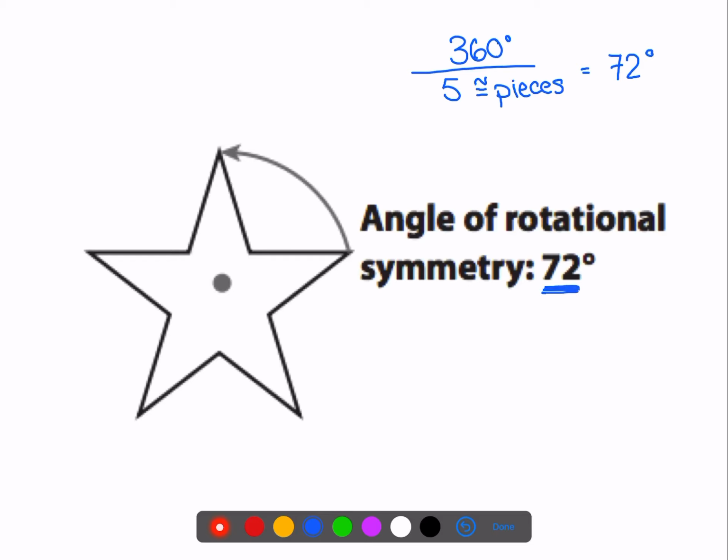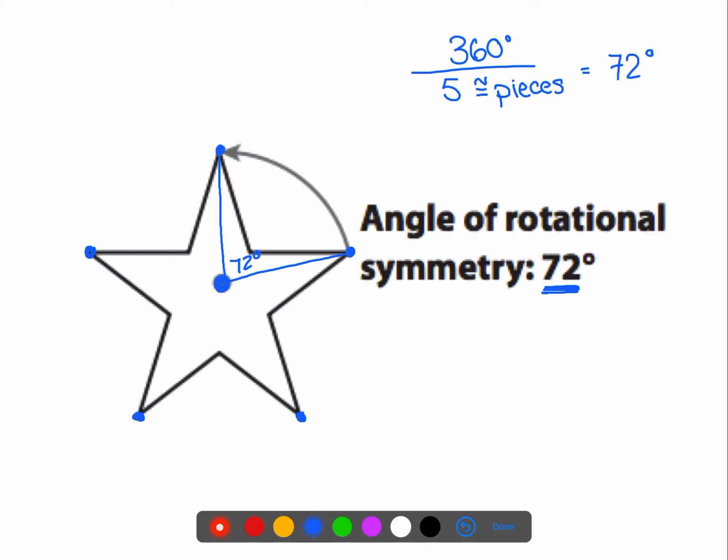In fact, just to make it a little bit more clear, if I were to draw points on each of these tips here, each of the tips of the triangle, and I were to connect those points with the center of the star, so my center of rotation, well, we'd see that this blue angle is 72 degrees.